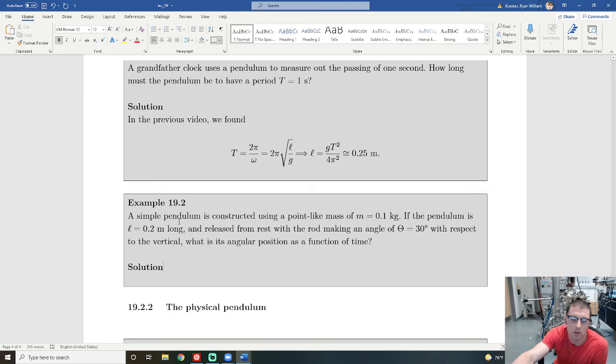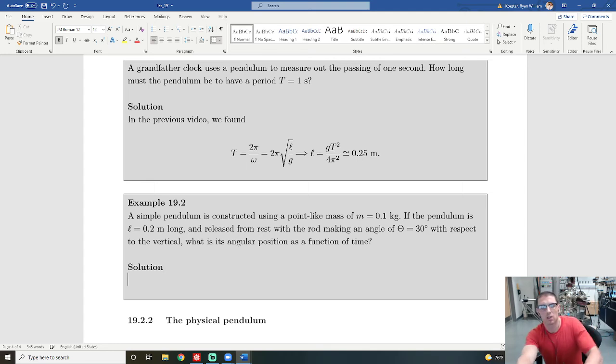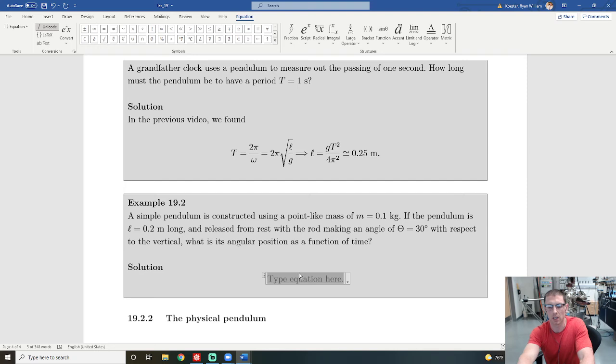And in this one we have a simple pendulum that is constructed using a point-like mass of m equals 1/10 of a kilogram. If the pendulum is 2/10 of a meter long and released from rest with the rod making an angle of 30 degrees with respect to the vertical, we want to find its angular position as a function of time. So this is just a matter of plugging in.